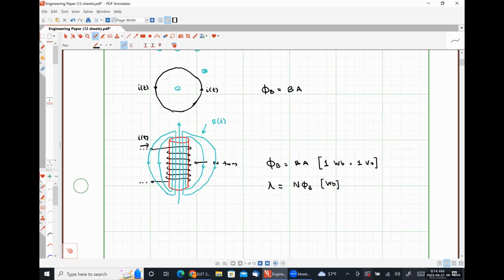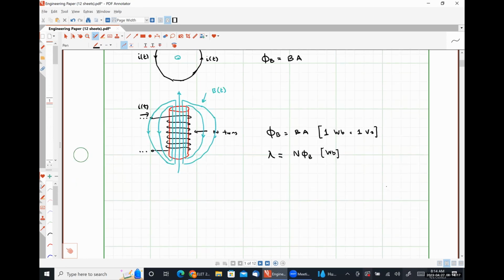Well, if we have this coil as part of a linear system, like a circuit, the flux linkage and the current are related to each other by what's called the self-inductance of the coil.